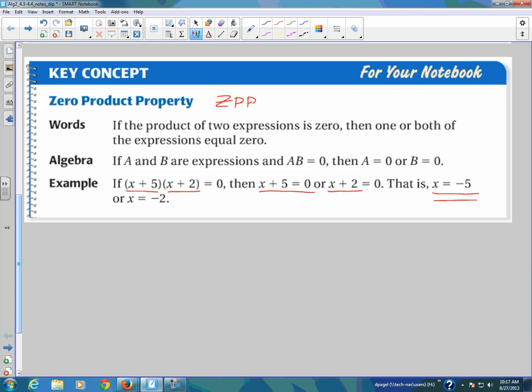Or you'd have x plus 2 equal to 0, subtract the 2, and you get x equals negative 2. So either of those would be values of x that would satisfy the condition for that thing being equal to 0. Those are roots. They are x-intercepts. So that's called the zero product property.